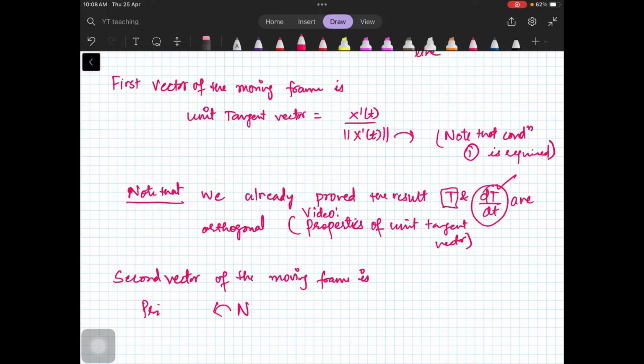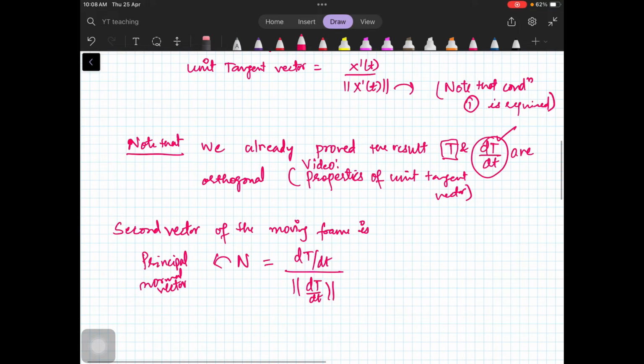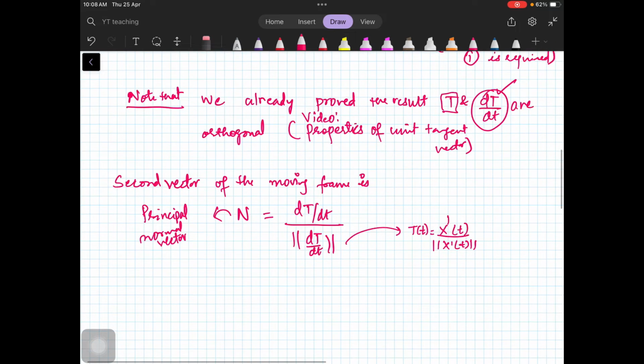This is called the principal normal vector, defined as dT/dt divided by the modulus of dT/dt. Now, if you look at the modulus of dT/dt, you have x'(t) upon modulus of x'(t), which is your T, and you find dT/dt.